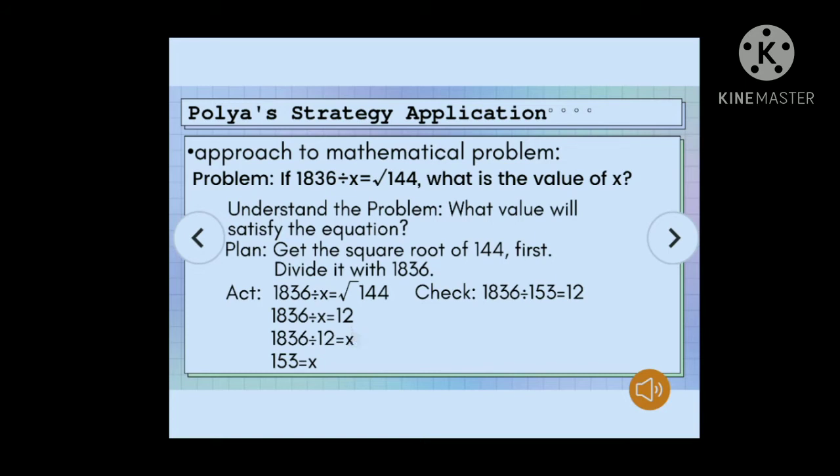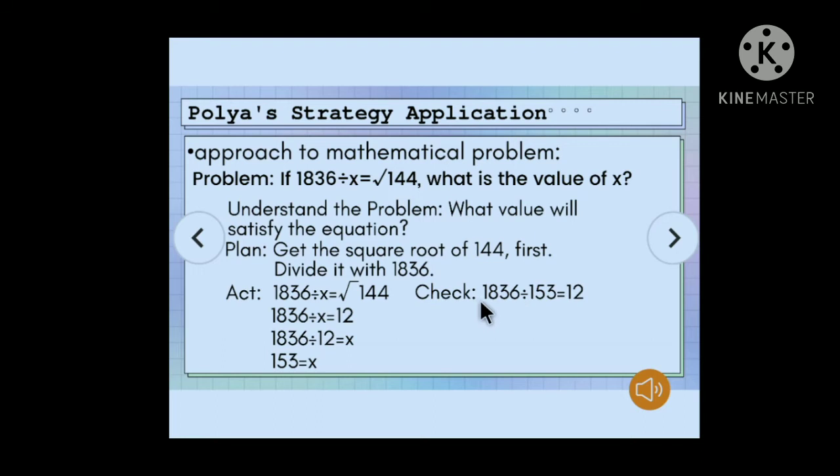Since we are looking for x, it gives us a new equation: 1836 divided by 12 is equal to x. Using a calculator, if we divide 1836 by 12, it gives us a result of 153. That 153 is the value of x, or the number that we are looking for.